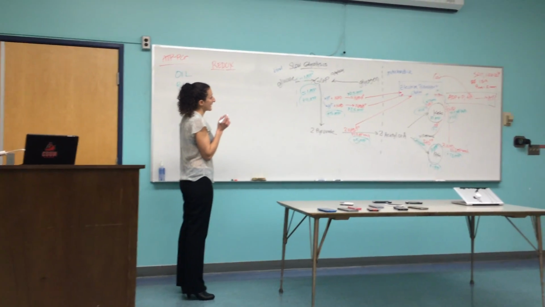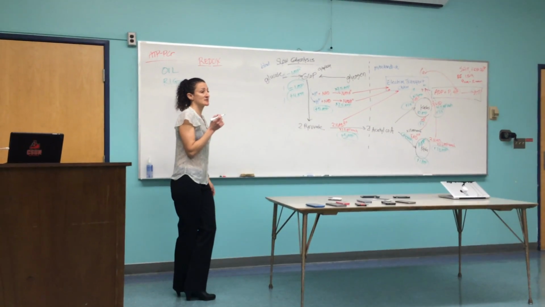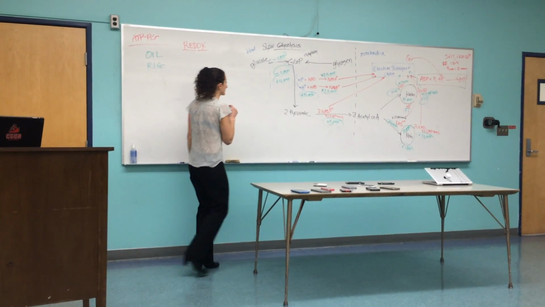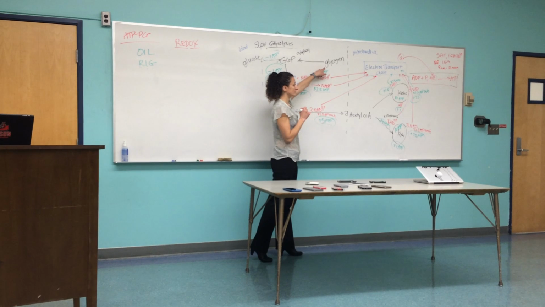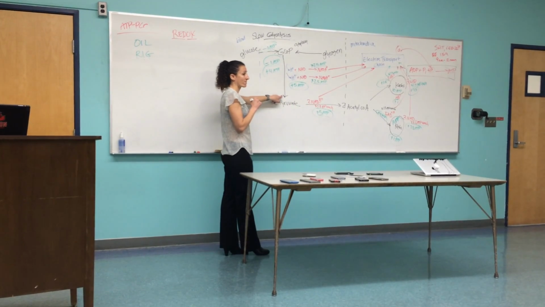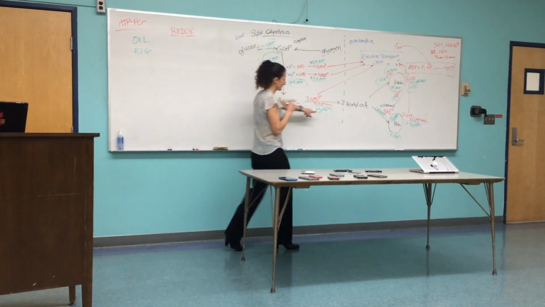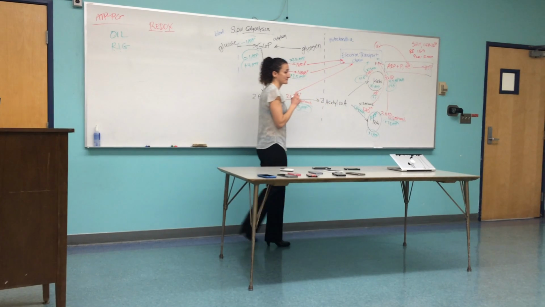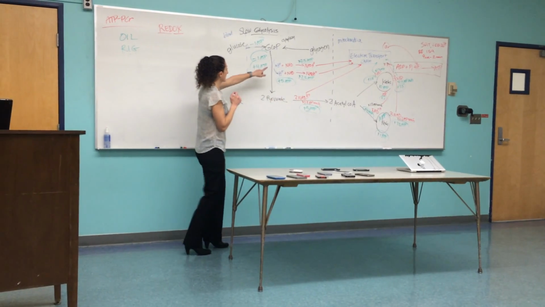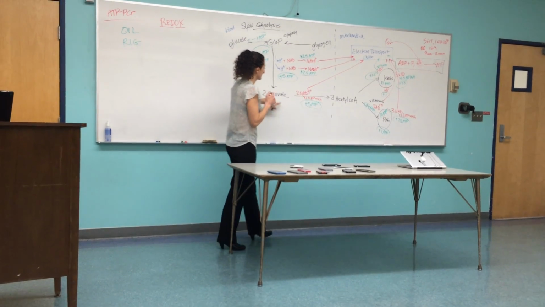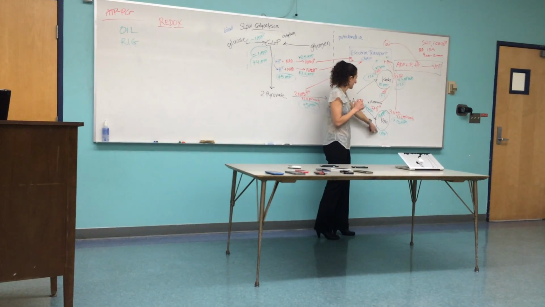If I asked how many direct ATP are produced from the complete oxidation of one molecule of glycogen, coming from here through here, we have 3, 4, 5.